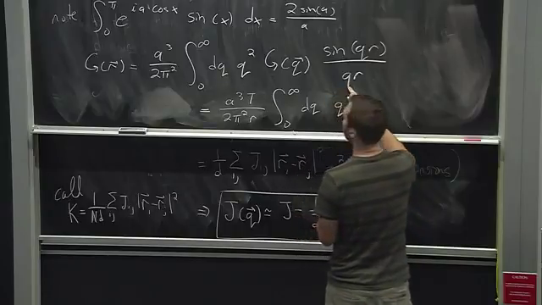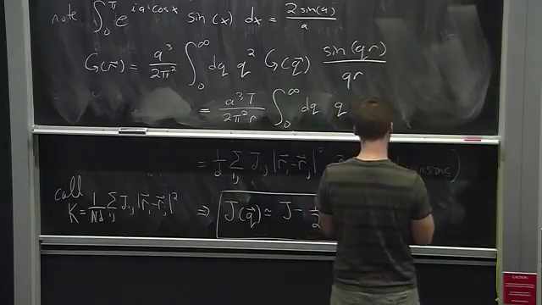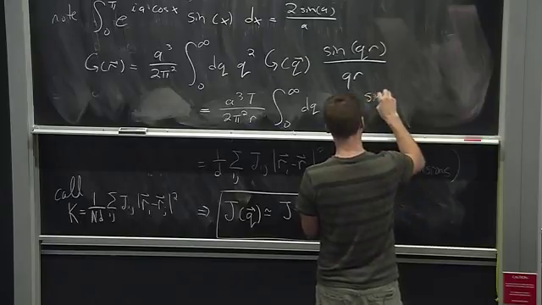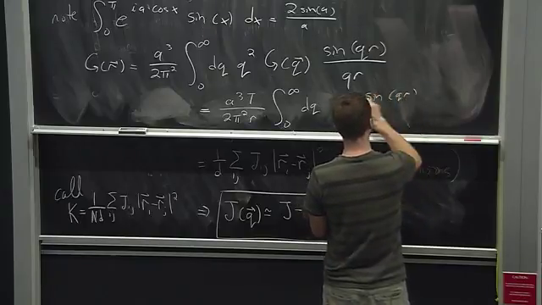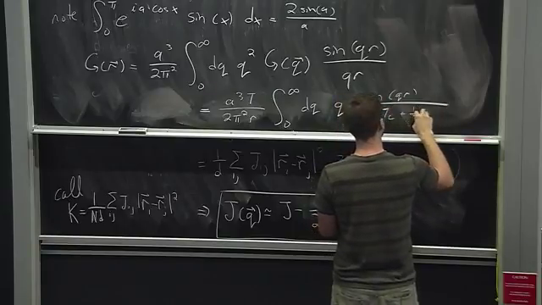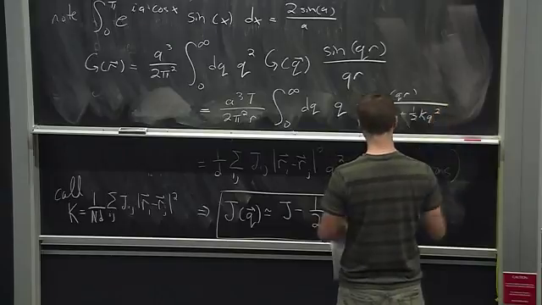Yeah, so I got a q on the bottom and a q squared up top. So I'm just going to leave it like that. So then it's sine QR over R, dq q over t minus tc plus kappa q squared.